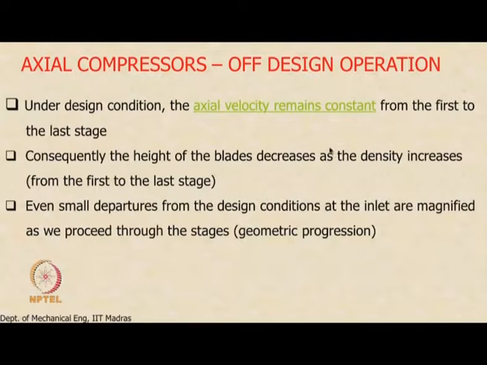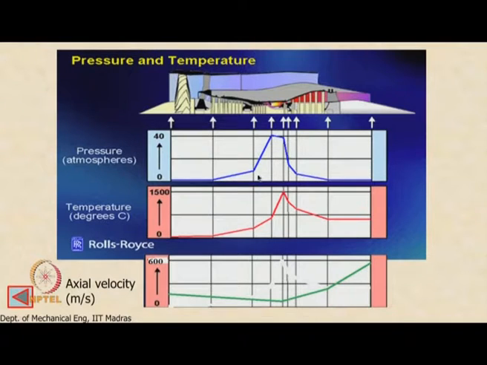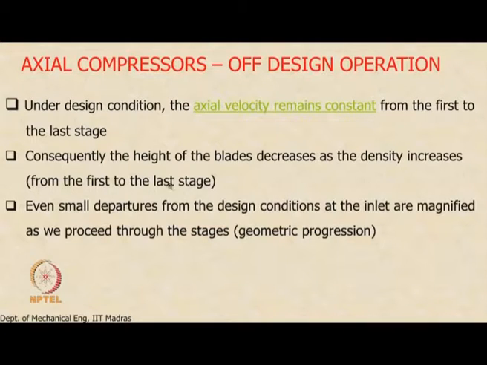So, the height of the blade decreases as the density increases. You can see that the blade height at the beginning is quite large, and it decreases as you go from the first to the last stage. Then when you go to the high pressure stage, you can see the area reducing even further. So, the height of the blades decreases from the first to the last stage.